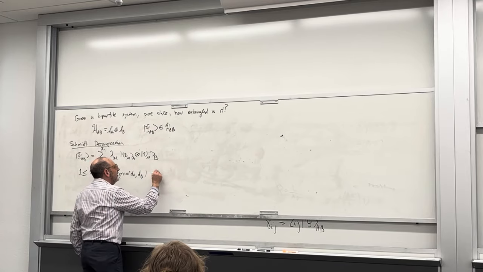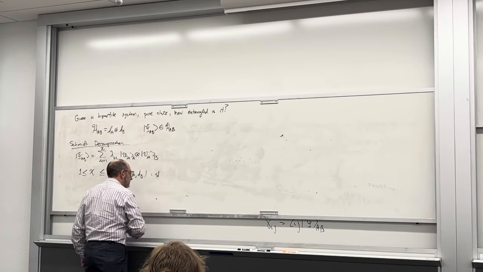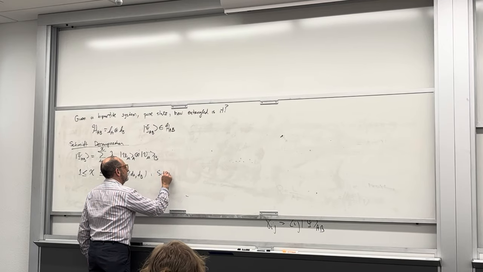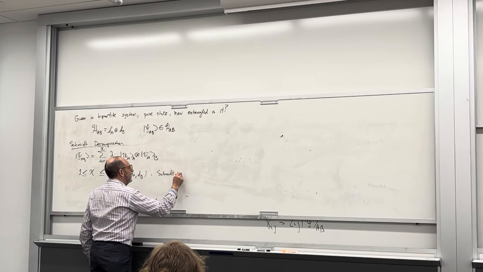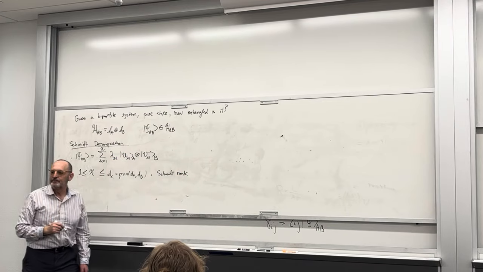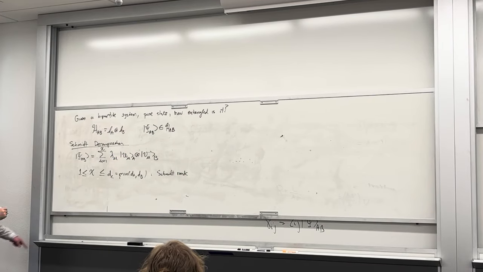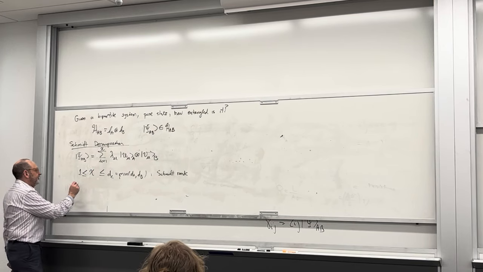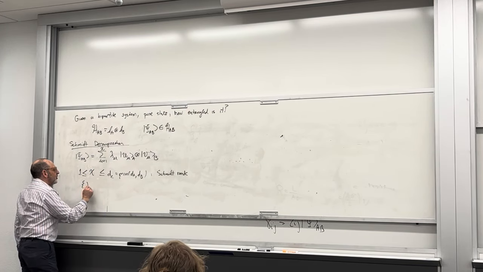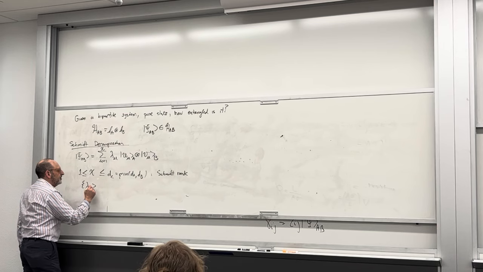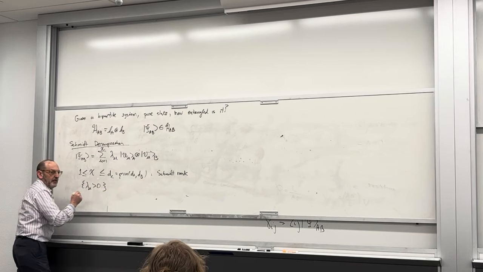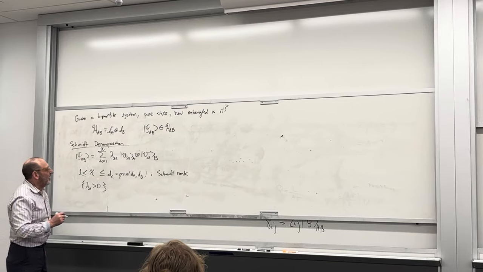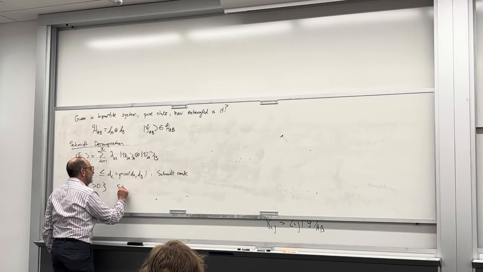And this is called the Schmidt rank, or the Schmidt number. I like the term Schmidt rank. That's the number of non-zero lambdas. The set of lambdas, which are all real numbers greater than 0, the ones that are 0 don't contribute to the sum, are called the Schmidt numbers.